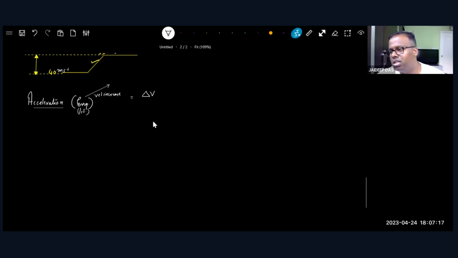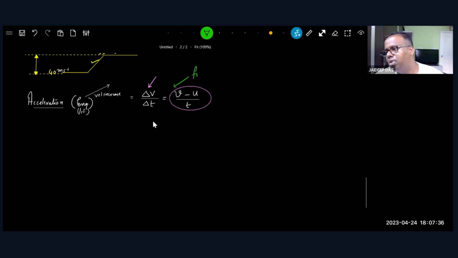Given by delta V over delta T, and this can be written as V minus U by T. What is V? This is what is important for you in grade 9. Grade 11, you learn by this method. But anyway, you can learn from now itself. This is known as final velocity. This is known as initial velocity.